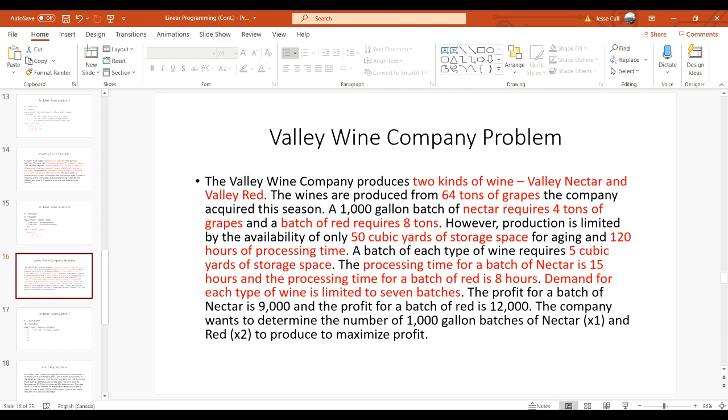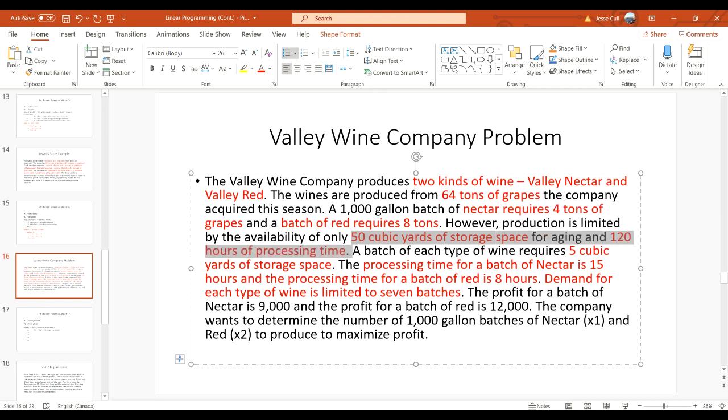Now we look at the second constraint. We have 50 cubic yards of storage space. A batch of each type of wine requires 5 yards of storage space.